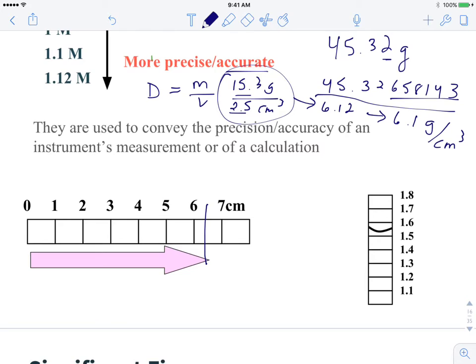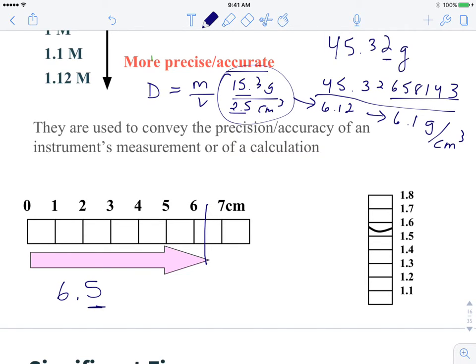Now, student A knows that when I read an analog scale, I guess at the last place. The smallest increment here is 1, so I'm going to round this to 6.5. I'm going to go to the tenths place. In this case, I made up this number.